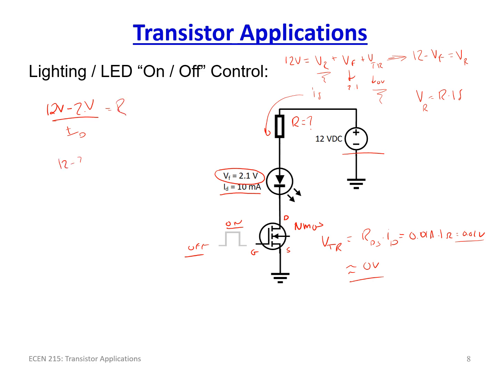R equals 12 volts minus 2.1 volts, divided by 0.01 amps. So again, 12 minus 2.1, divided by 0.01, and we end up with 990 ohms. So 990 ohms.